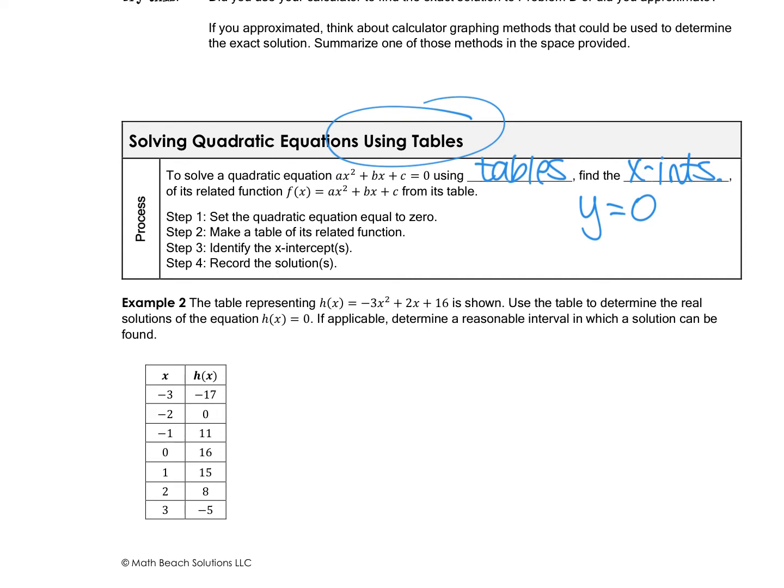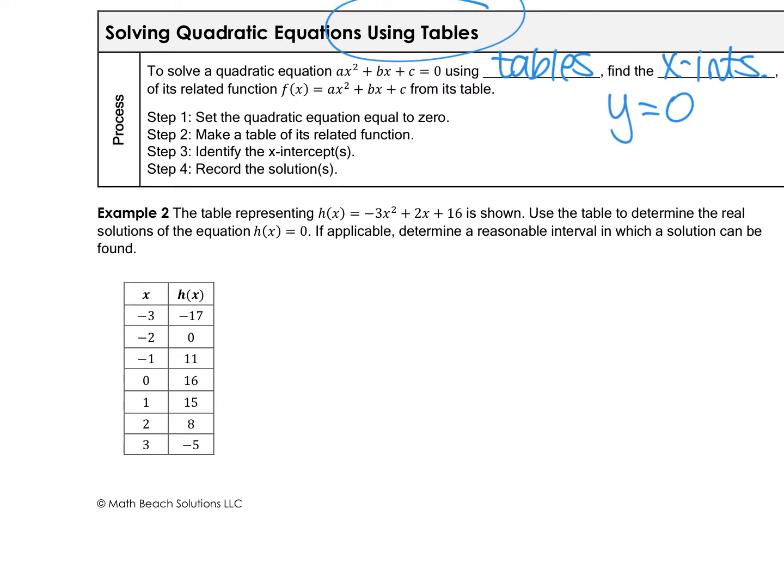So it says the table is representing this quadratic function. You're going to use the table to determine the real solutions of your equation as h of x equals 0, which means y equals 0. So you're going to be looking for that. Notice y is 0 here. But we should end up with two solutions.